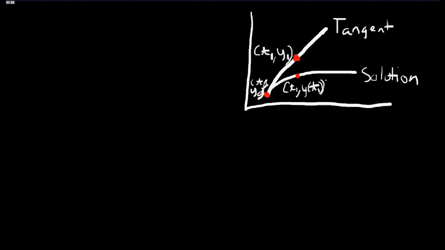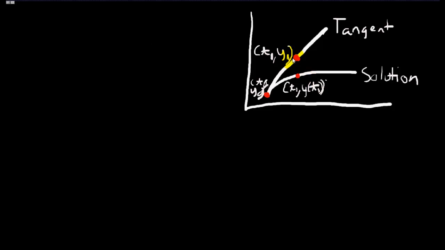So now I'll tell you where the actual equation comes from, and for that, again, we're back to the black background. So here we have the solution graph right here, and the tangent line at the point that is given. So right here, here's t sub 0, y sub 0, t1, y of t1.